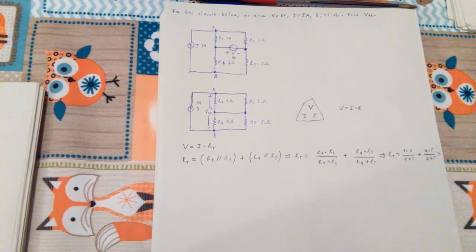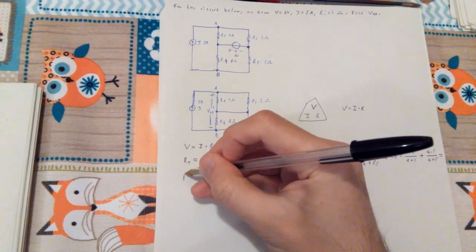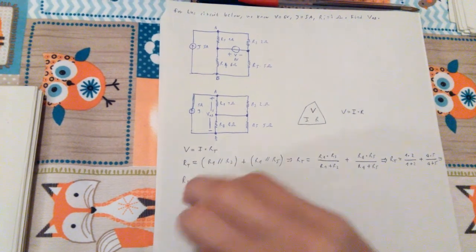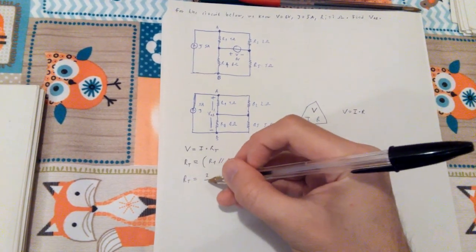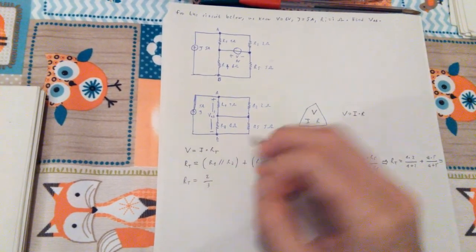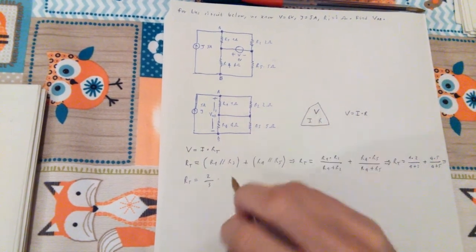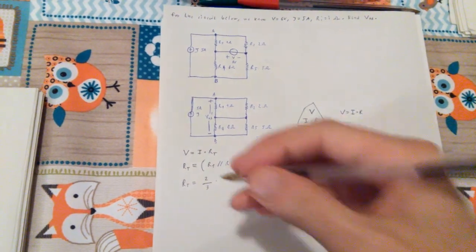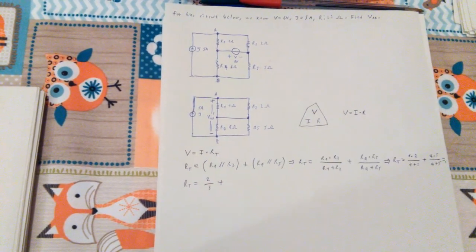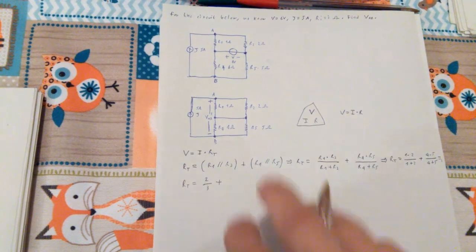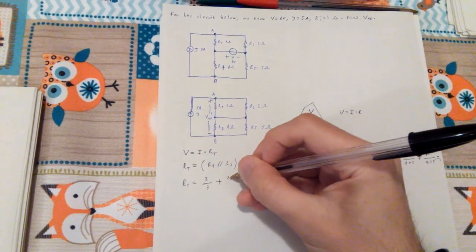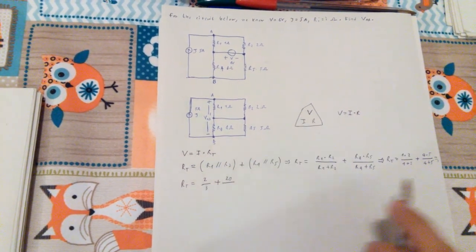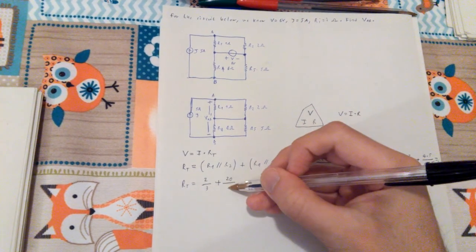Okay, so RT is actually going to be 2 over 3. 2 plus 1 is 3, 2 times 1 is 2. This is trivial. Then we're going to have 20 over 4 plus 5, which is 9.